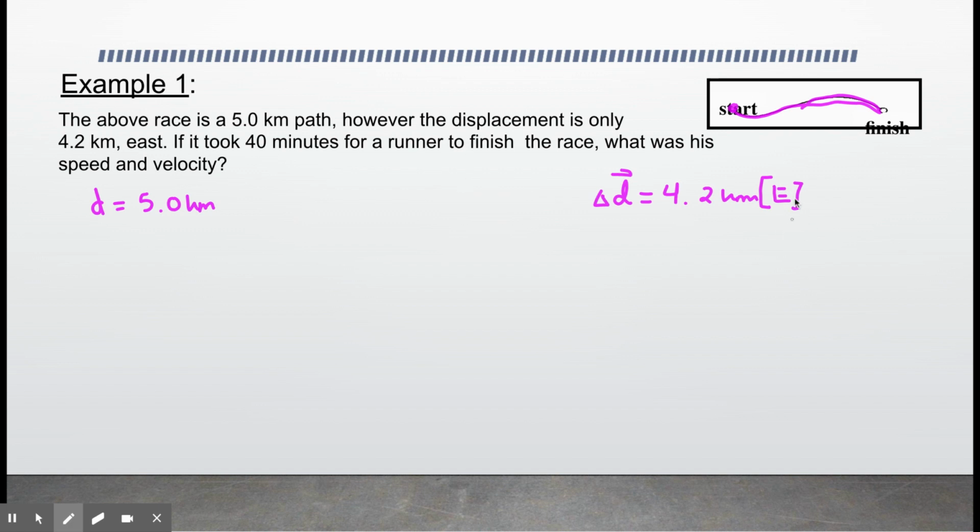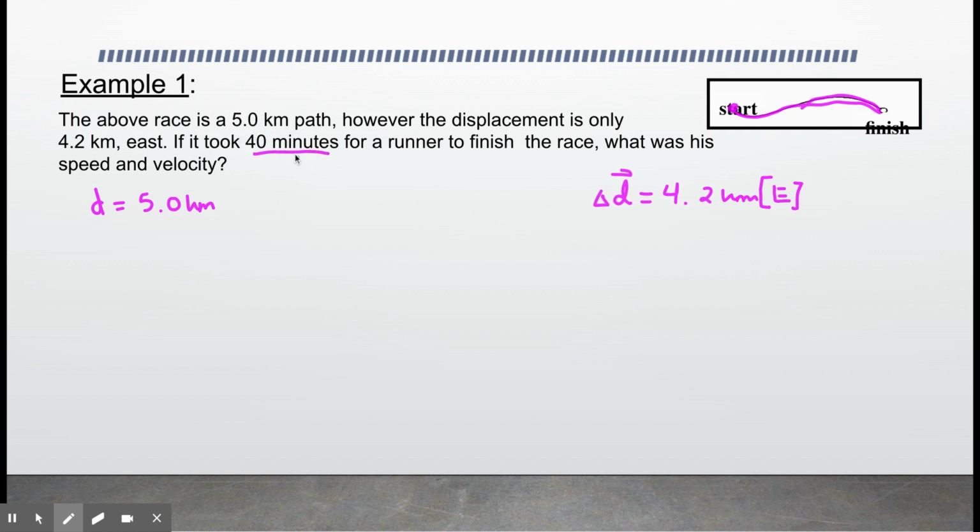This indicates the direction, and it is a requirement for any vector that you are answering a question for. So the reason the displacement is only 4.2 kilometers, you'll notice if you look in the path, there's kind of a up and a down. So it is your overall distance with direction.